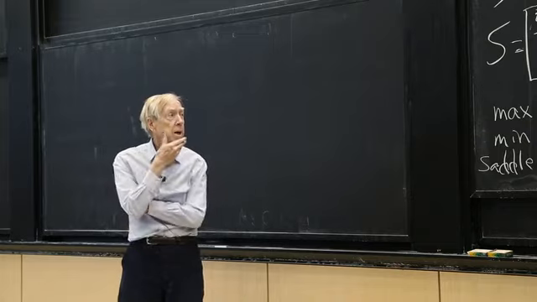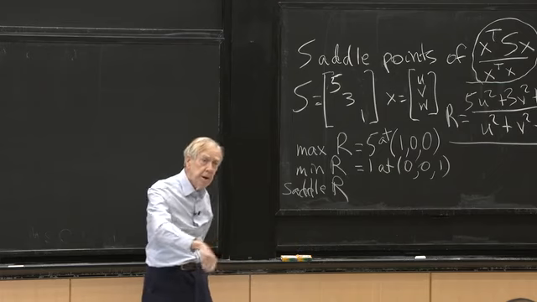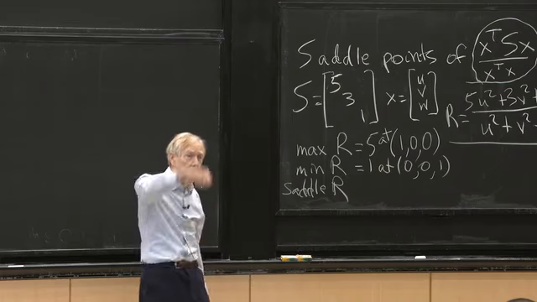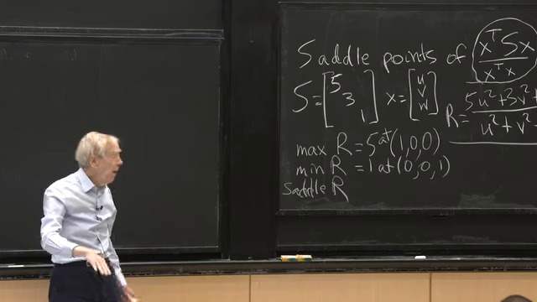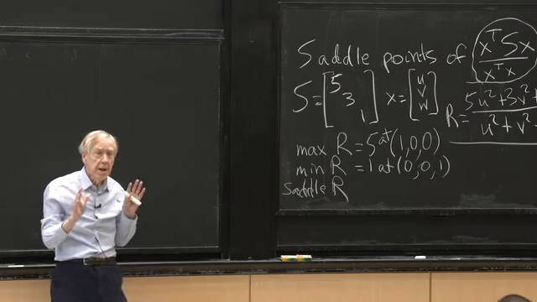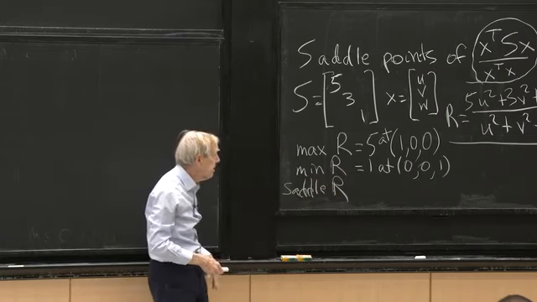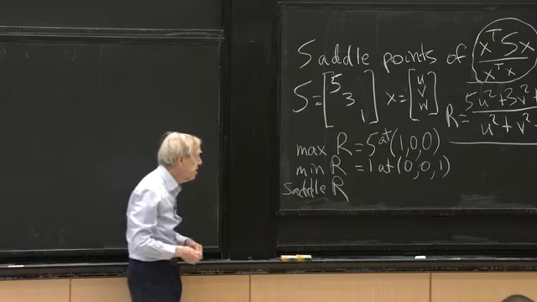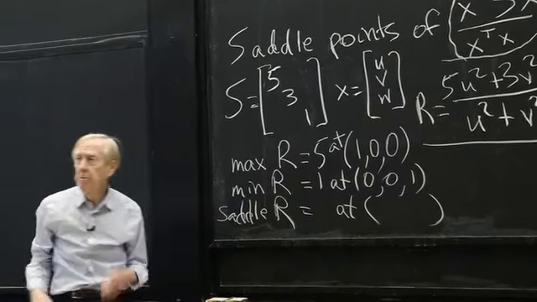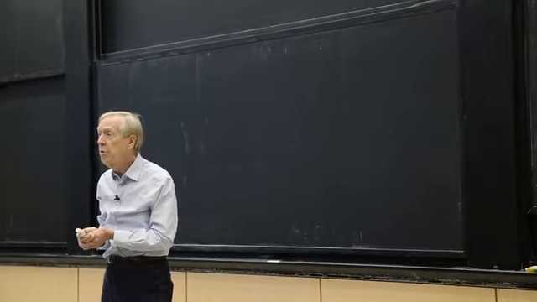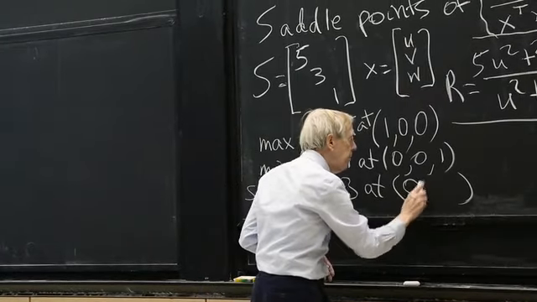What are we in, 4D? We have base coordinates u, v, w, and R goes vertically, and we plot that surface, and we don't really understand it unless we think a lot about it, which we haven't, but we can pretty well guess what's what. So what do you think is the saddle value, and where is it going to be reached? Everybody's going to tell me correctly. The saddle value would be 3 at this middle point. Okay.